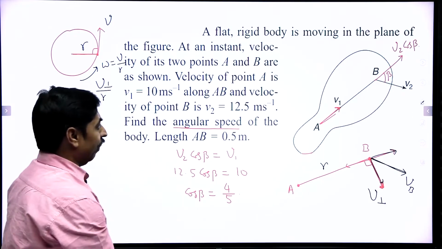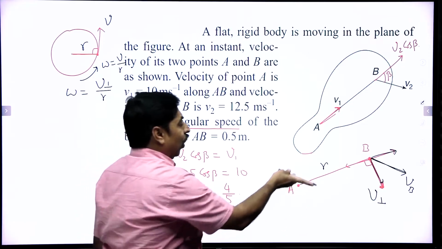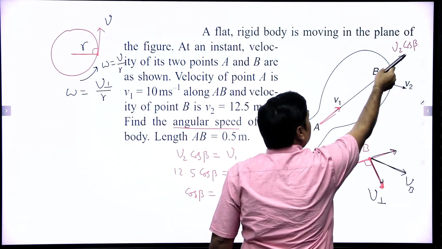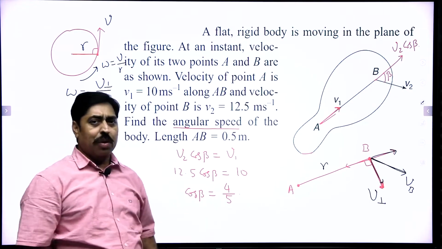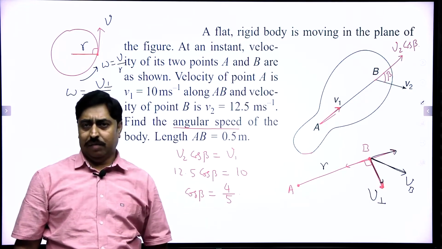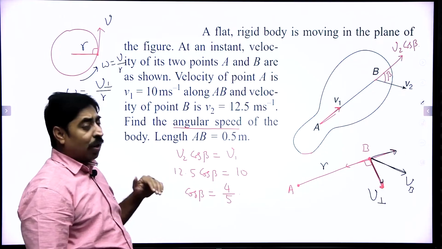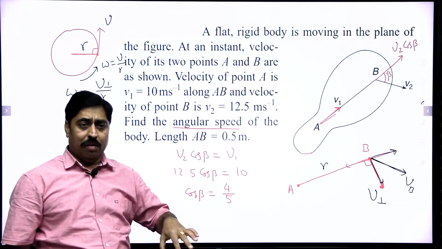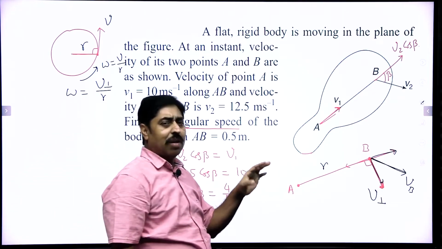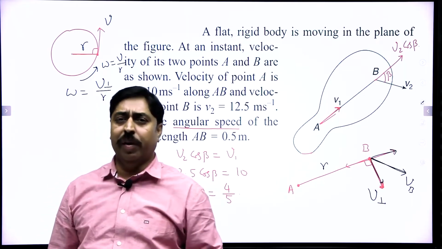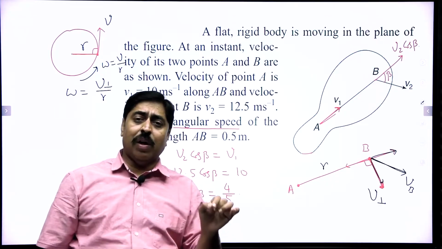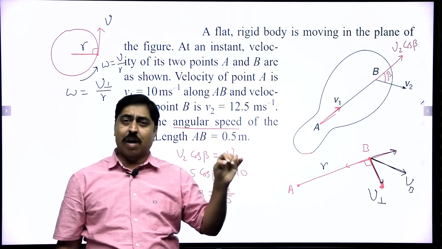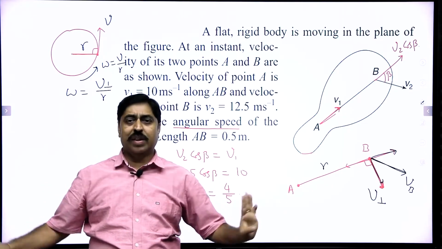So, in this particular question, come back to this question, we know that this V2 is making some angle beta with line AB, and we have already worked out the value of angle beta, right? Now, the question says, what is the angular velocity of the body? It simply means, what is the angular velocity of point B with respect to A? When a rigid body is rotating, the angular velocity of any point x about any point y is always the same.